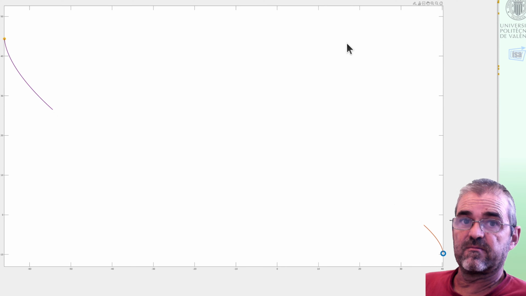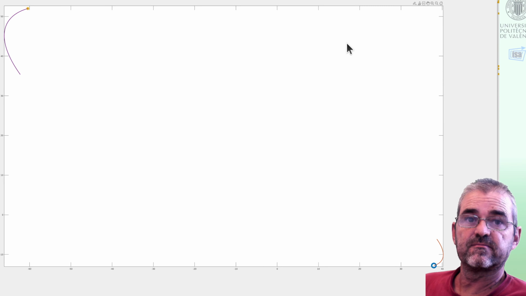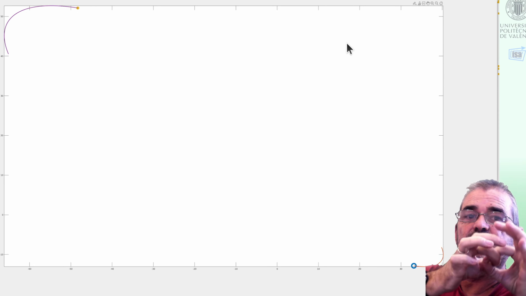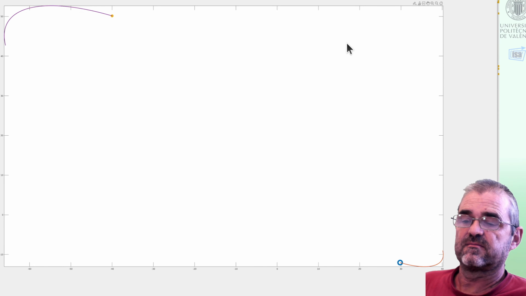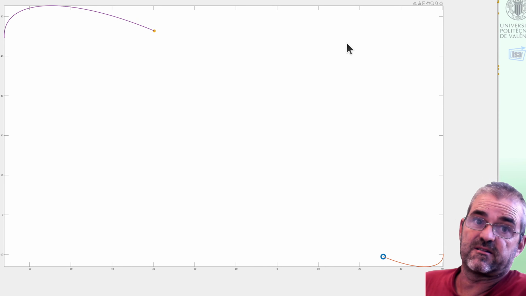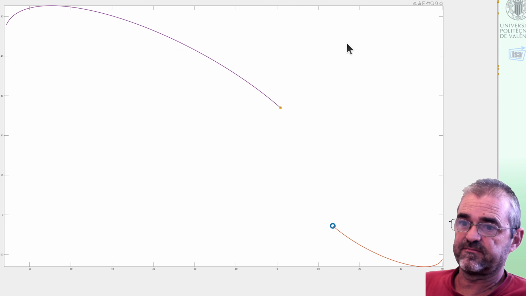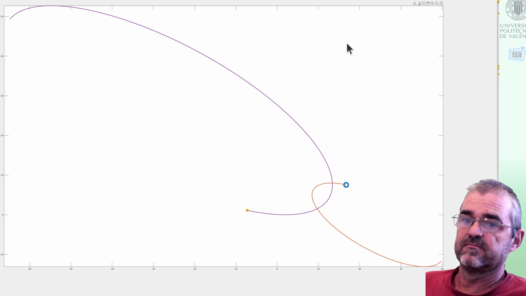The lighter body makes a larger ellipse, but we have kind of two linked ellipses intersecting, at least in planar movement. Here we have them.